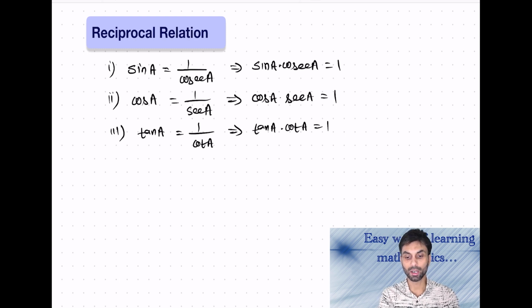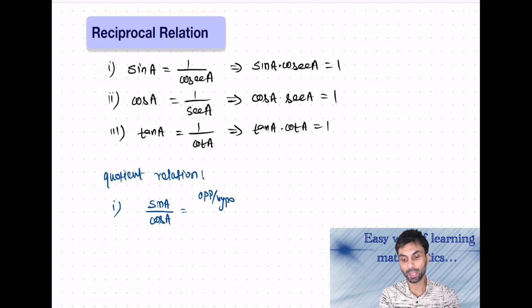If I talk about quotient relation, the first thing we observe here is, if I take sine A upon cos A, we will get opposite upon hypotenuse upon adjacent upon hypotenuse.